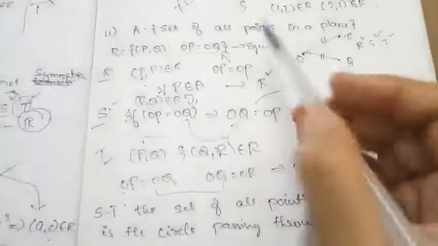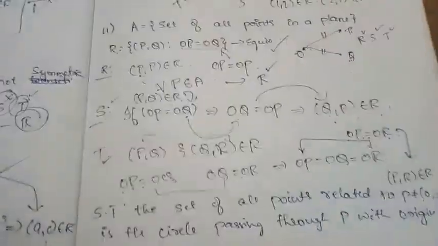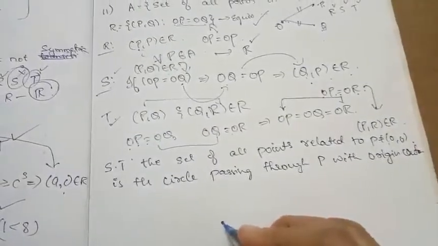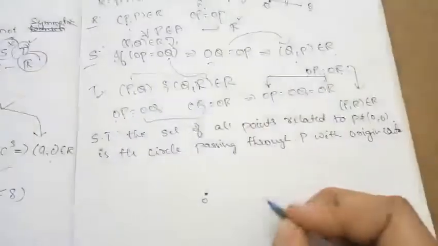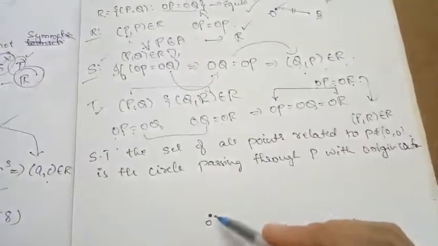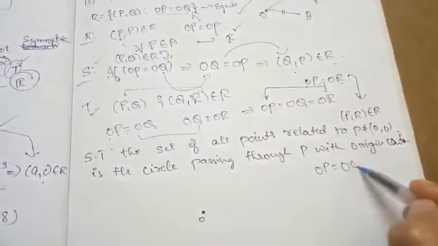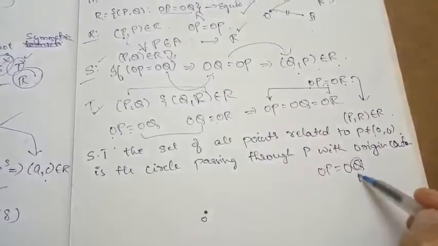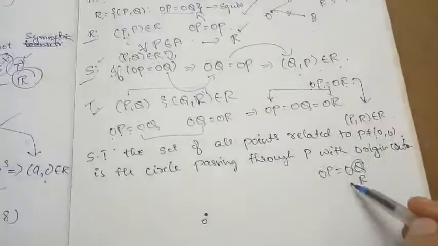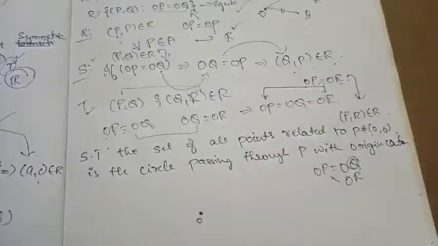So you can see here with this above relation, if this is the origin, we need to collect the set of all those points such that the distance OP must be equal to OQ. If I take any point instead of Q, if I take R, then also the distance from the origin OP must be equal to OR.